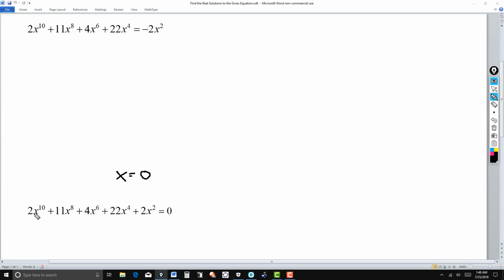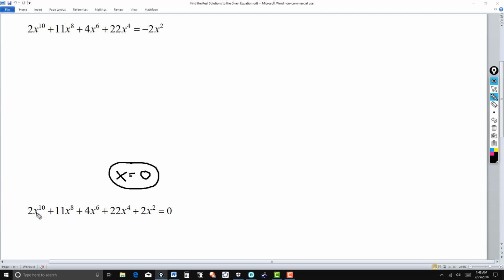So if you replace the x by 0, every term is 0. So I have 0 on the left side, 0 on the right side. And that's the only possibility you can have. Okay? 0 is the only solution to this equation.